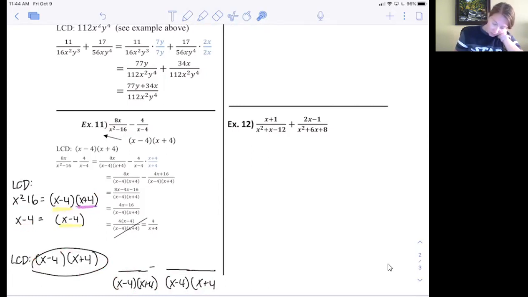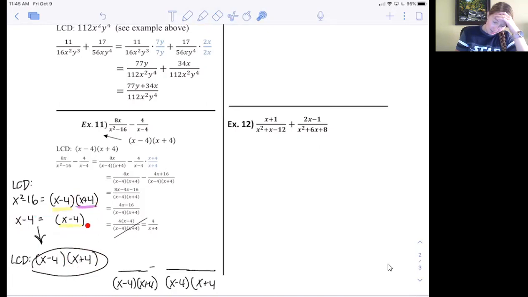But this x minus 4 right here, I've only got half of it. I've only got x minus 4. And I need x minus 4 times x plus 4. So for this one, I need to times it by x plus 4 so that I can get this value. So how you're going to look at it is what's different. So this purple, that's what's different.